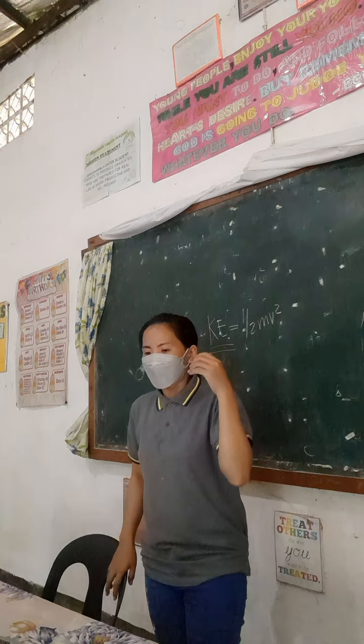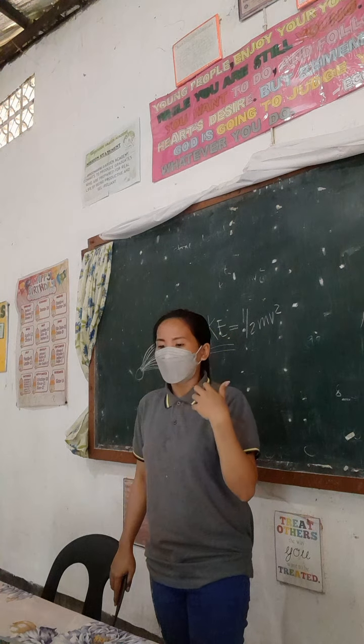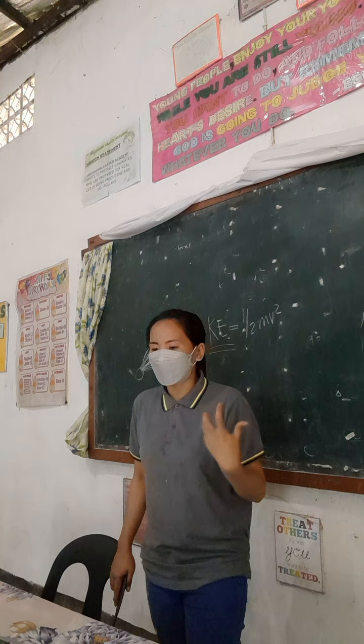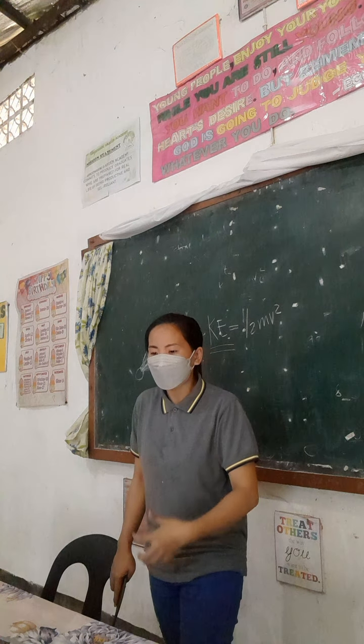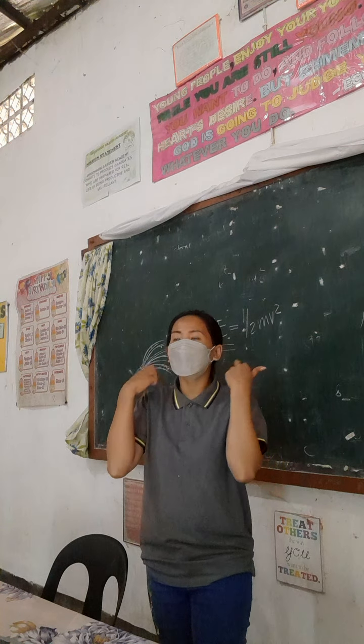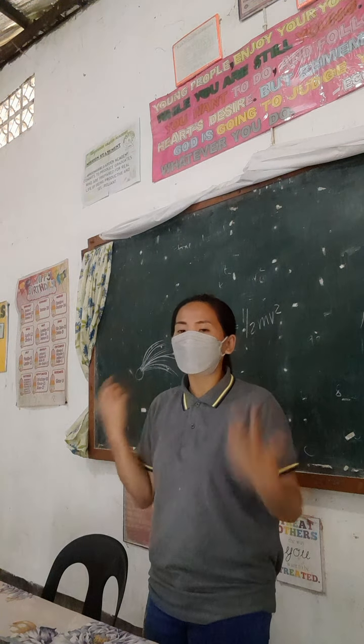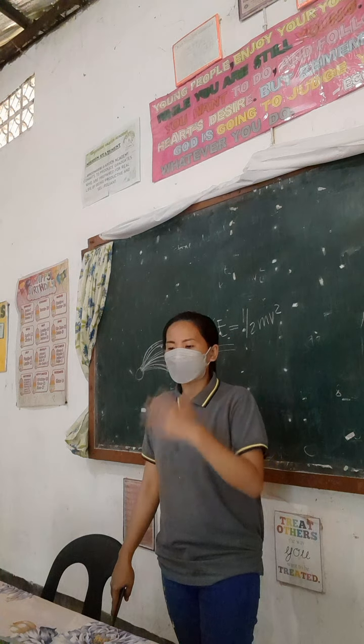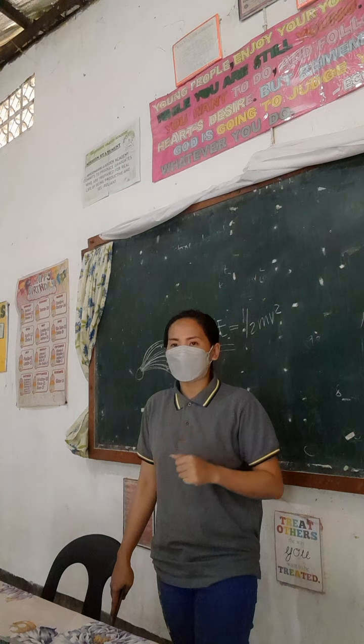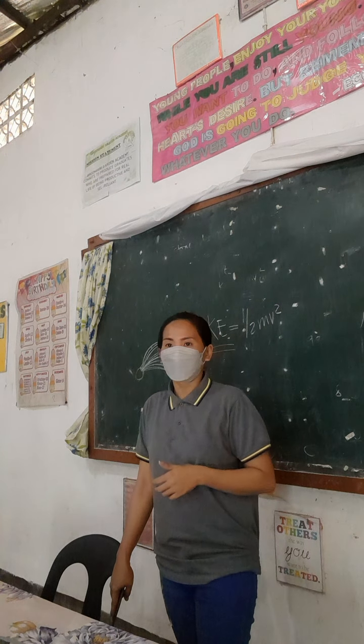Okay, next. In order for you to be more critical in reading, you should reflect on the interpretation of the text. Okay? You reflect on what the text is interpreted into. This means that you should be able to fully analyze the text and state the meaning of the text as a whole.